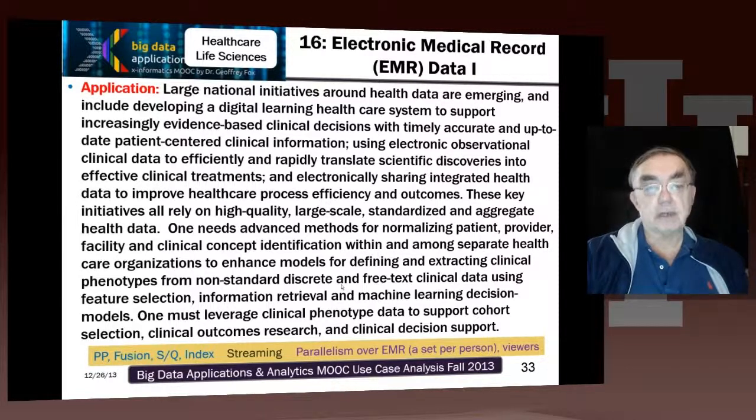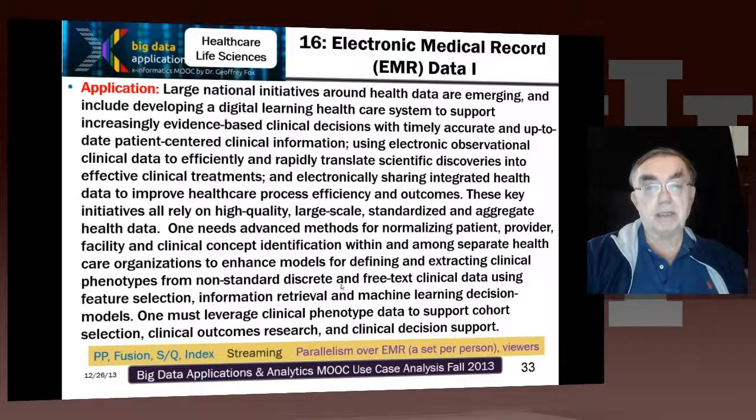So the first use case comes from a group at Indianapolis, and it discusses the core features of using electronic medical records. It comes from the Regenstrief Institute, who pioneered electronic records.